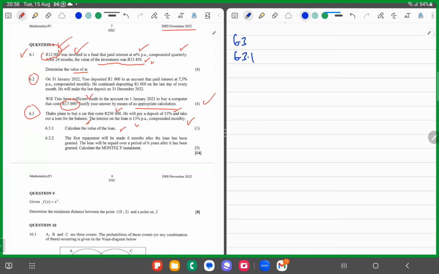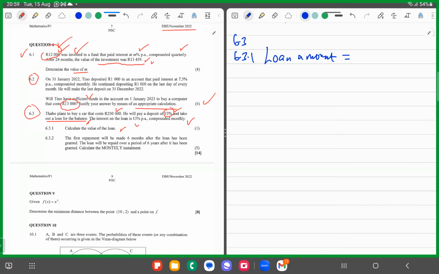So what do we do? What is the loan amount? At this point in 6.3.1, remember that he will pay a deposit of 15% and take out a loan for the balance. A couple of ways to do this.